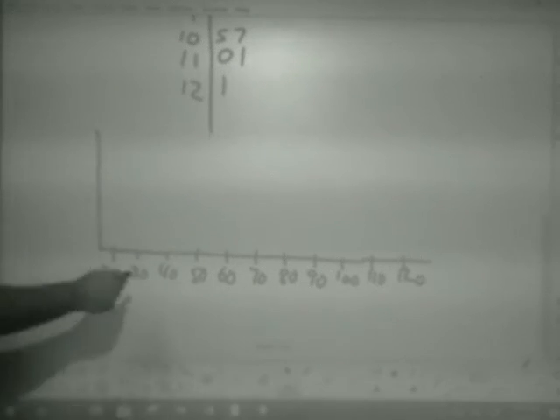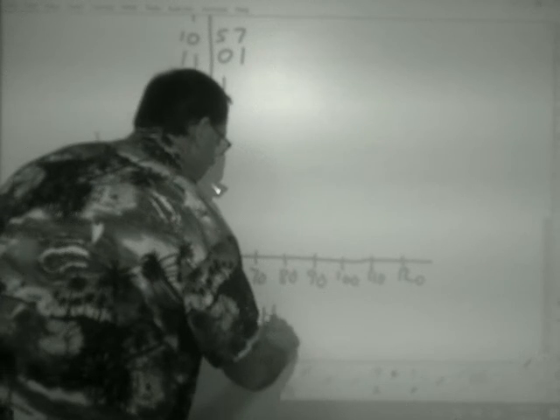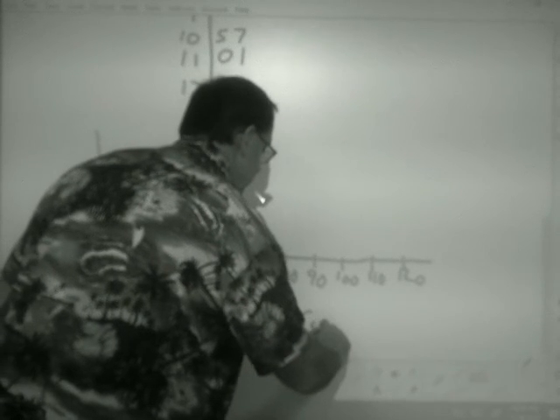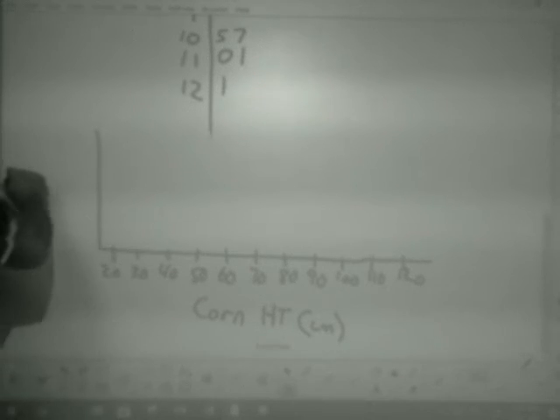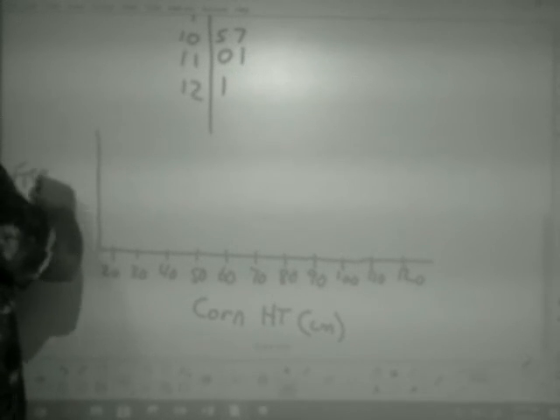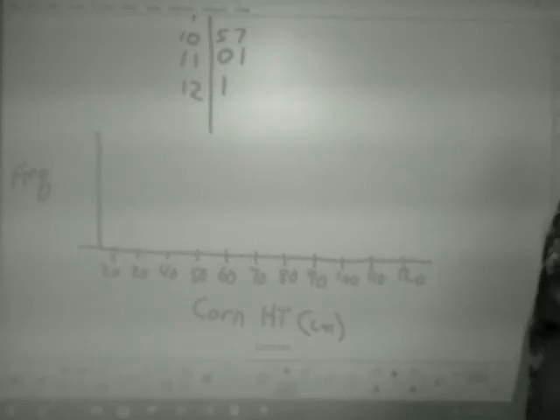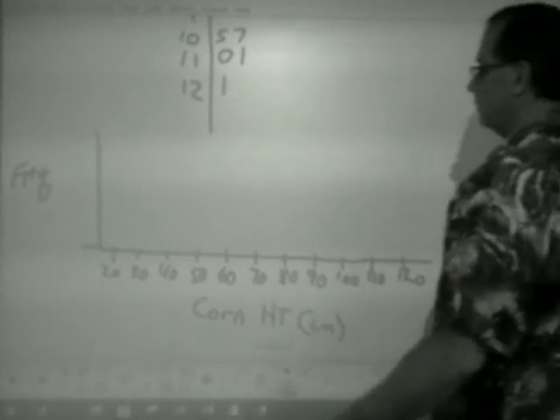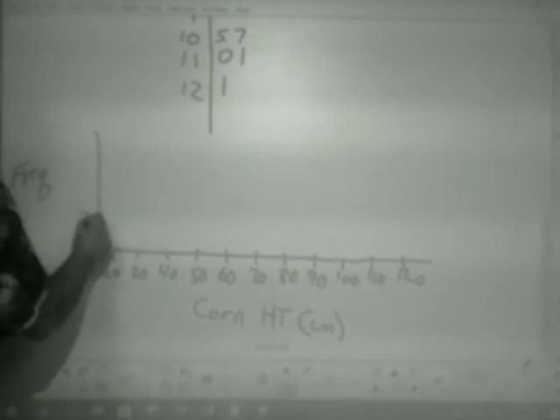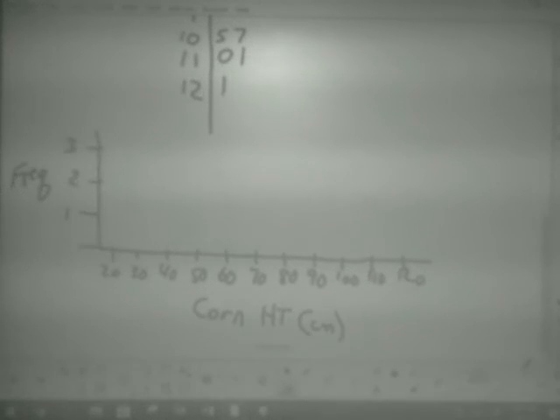I scale the bottom, and this is corn height in centimeters. I have to have a label there. Over here for histograms, this is always frequency, and my most frequent number is 3. So I only need to go 1, 2, 3. That's it.